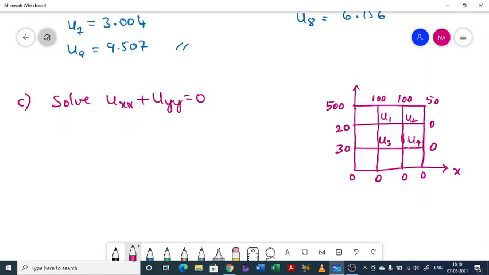Okay, we need to determine u1, u2, u3, u4. Here we use only standard 5-point formula. Solution.